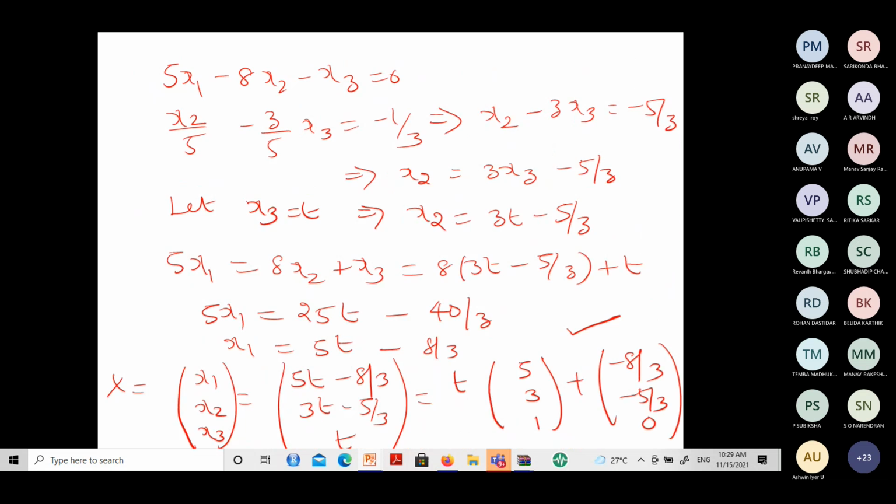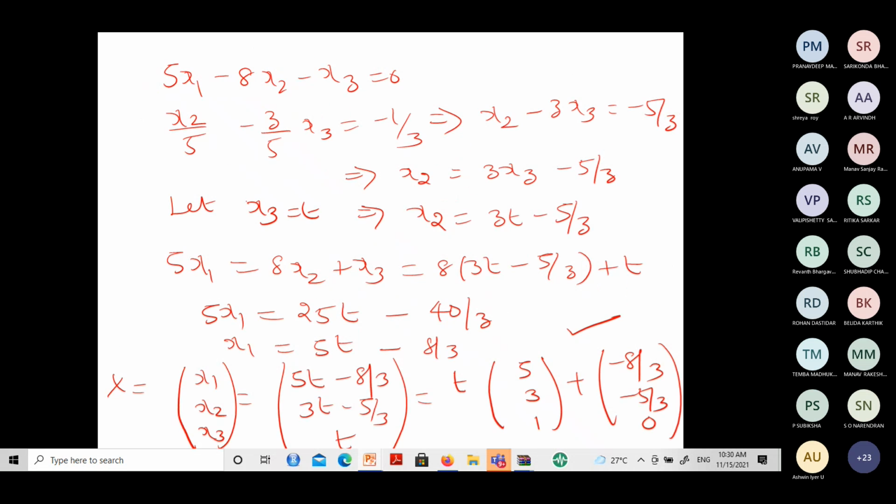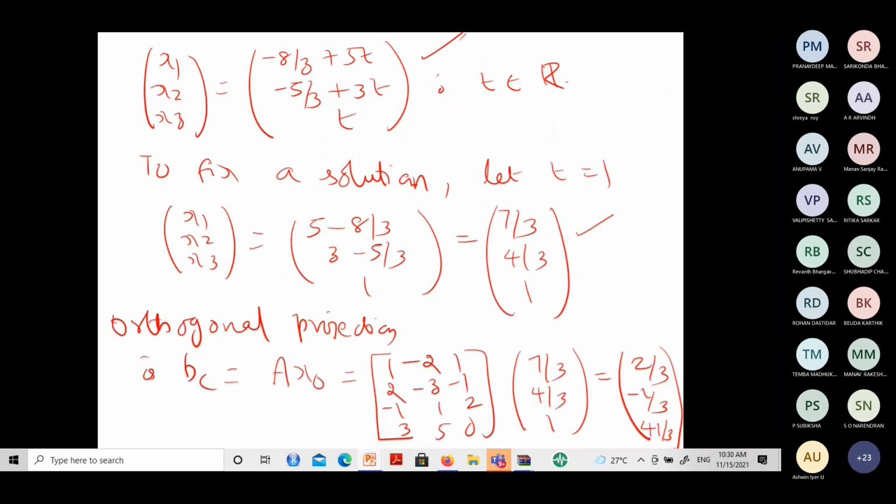But here they have taken t as some other value, t as 0, I think. It's up to us to choose. So depending on that, your orthogonal projection value will also change because it depends upon x0, right? Whatever least square solution you have chosen, it depends upon that.